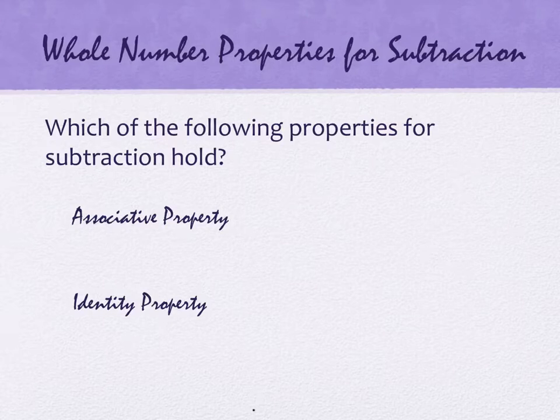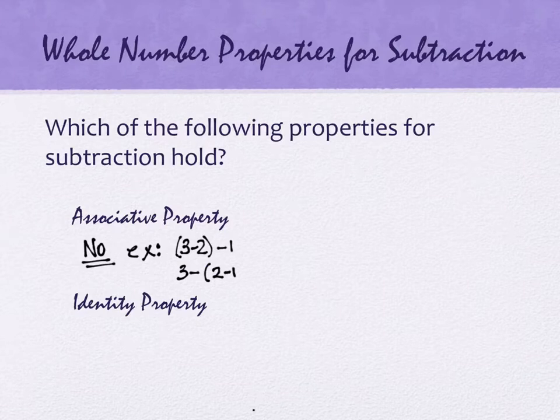I'm going to tell you, associative property doesn't work either. And let me give you an example for that one, just because I was a little bit strategic in how I wrote mine down. I'm going to do 3 minus 2 minus 1, and then I'm going to do 3 minus 2 minus 1 with the grouping changed. So if I do the first one, what is 3 minus 2? 1, and that 1 minus the other one would give me a 0.